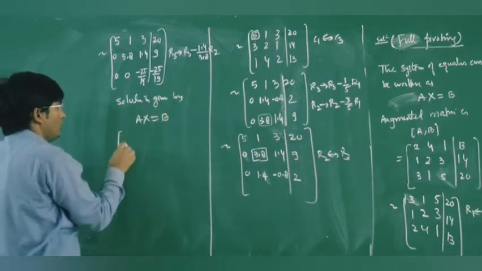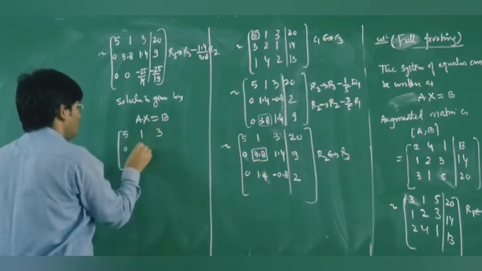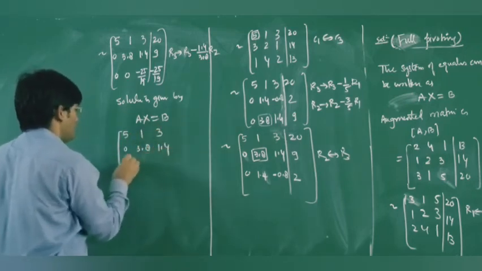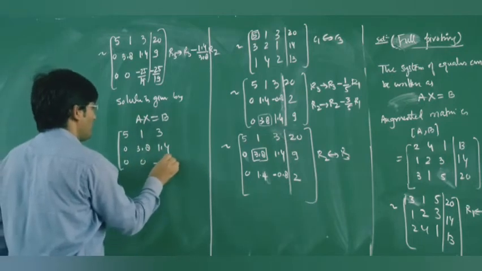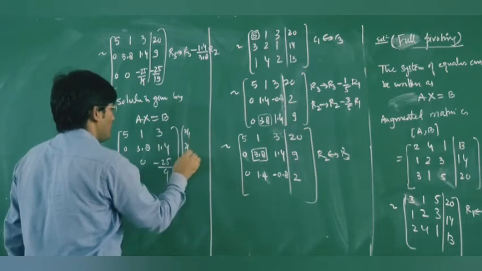So your A is 5, 1, 3, 0, 3.8, 1.4. Then we have 0, 0, minus 25 upon 9. Then we have x1, x2, x3.